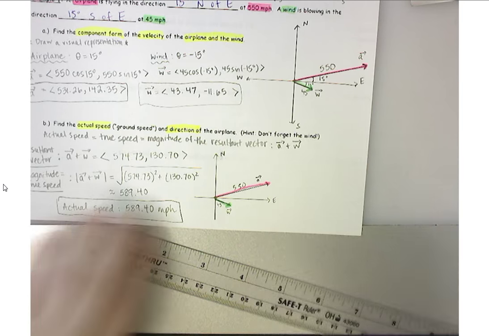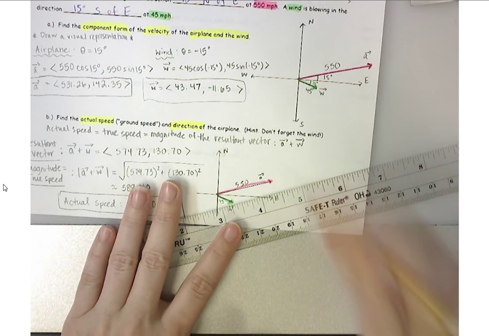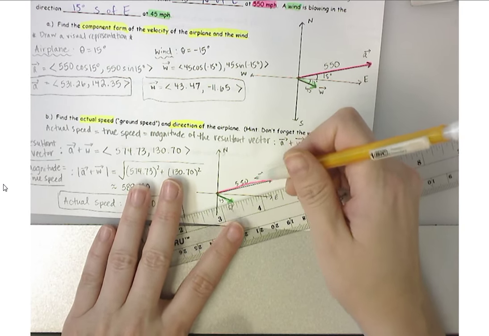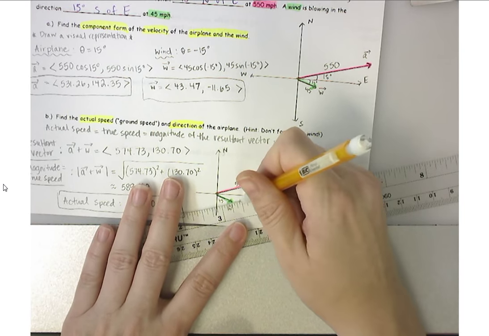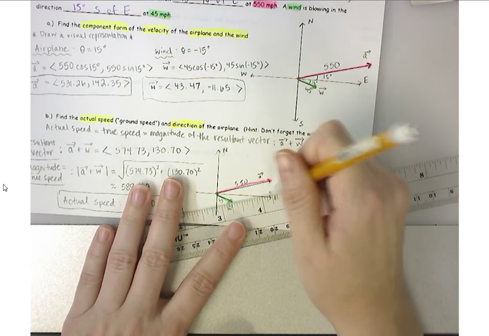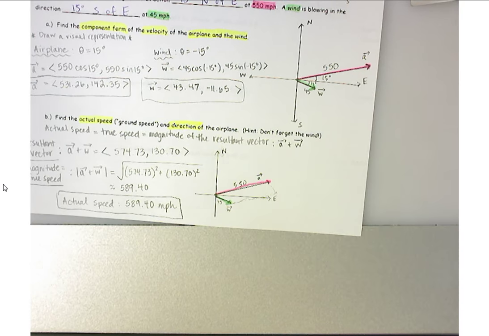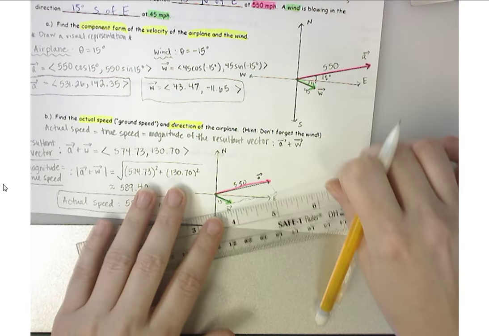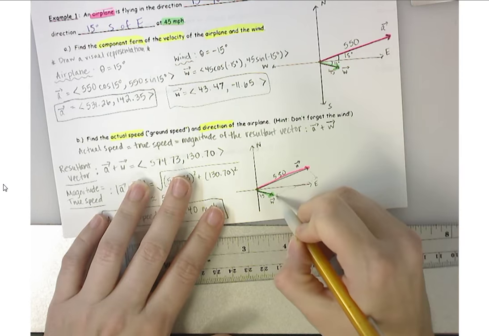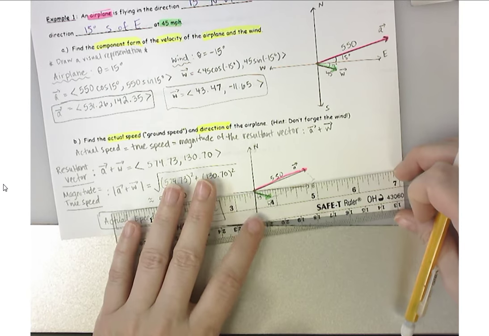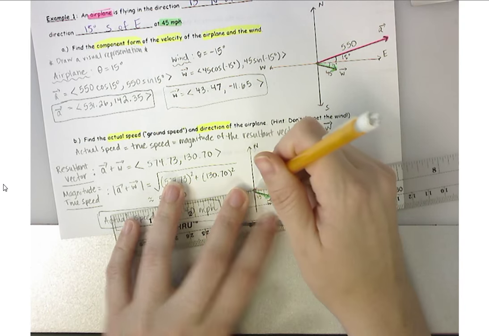So remember that you can move the vector anywhere in the plane. So if we think of this airplane vector and our wind vector as a parallelogram, trying to make them parallel, then what we can draw is the resultant vector that goes right through the diagonal.